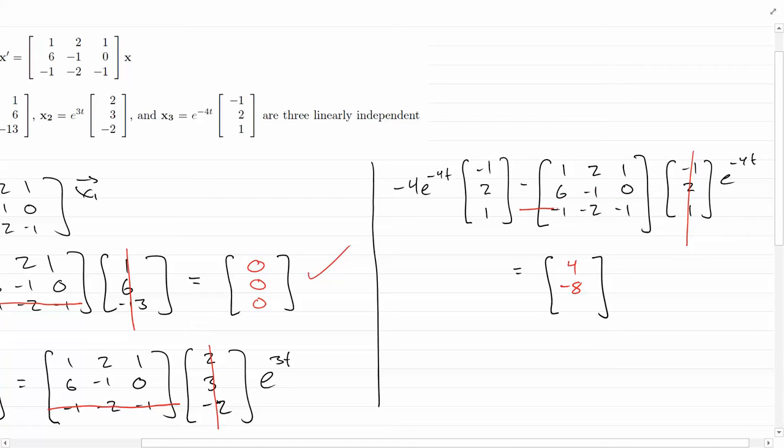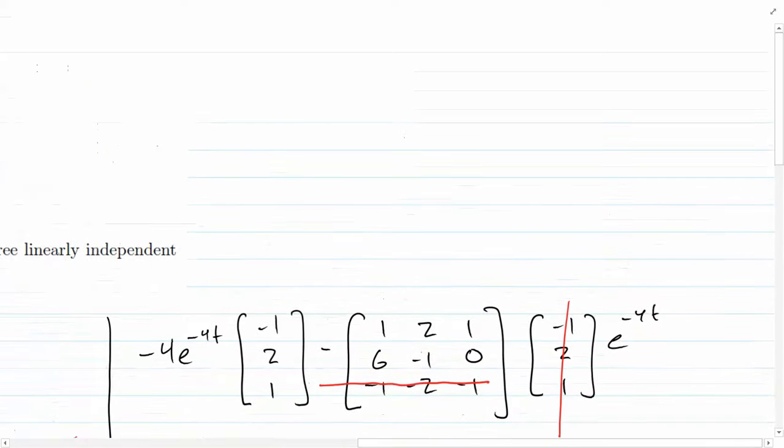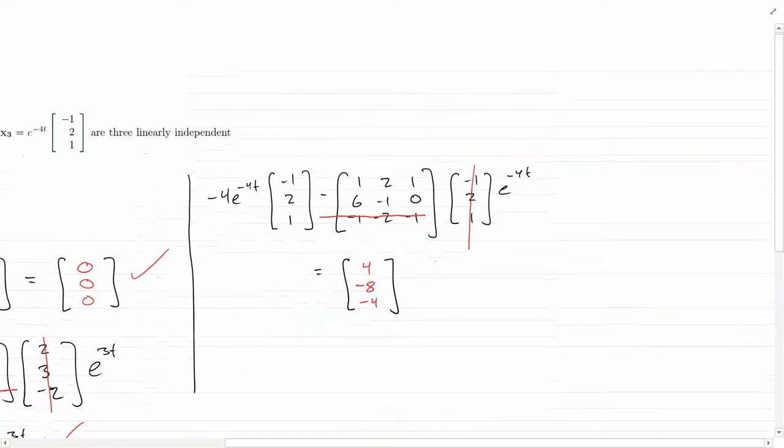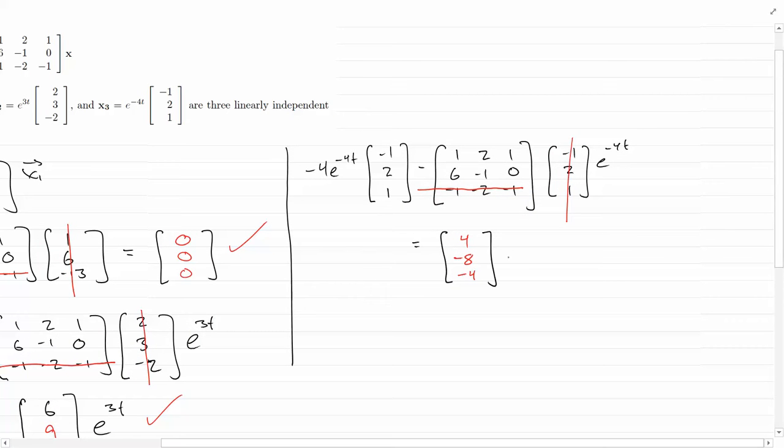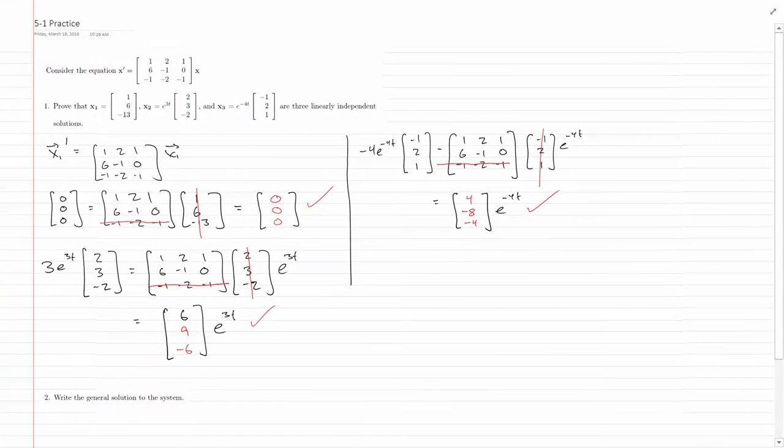Then the third row times the column, I'd have plus 1 times -4, or plus -4, and a -1, so that'd be a -4. So that's what you get when you do the matrix multiplication. There still is that e to the -4t there. Again, the question is, is this the same as this? And yes, it would be, because if you take the -4 and put it into the vector here, you'd have 4, -8, -4, which is exactly what you got here. So x3 is also a solution.